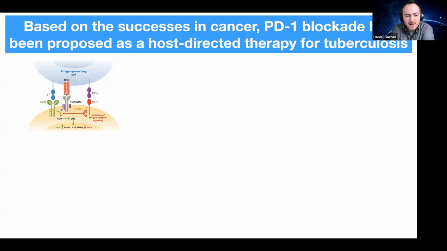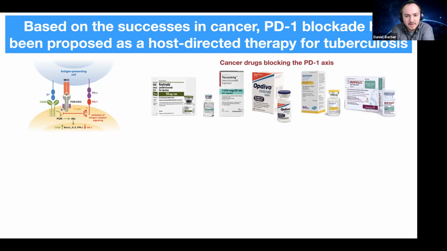When you block the interaction between PD-1 and one of its inhibitory ligands, that results in enhancement of T cell function. This has been translated to enormous success in immuno-oncology, and there are a number of FDA-approved drugs now for the treatment of various different malignancies.